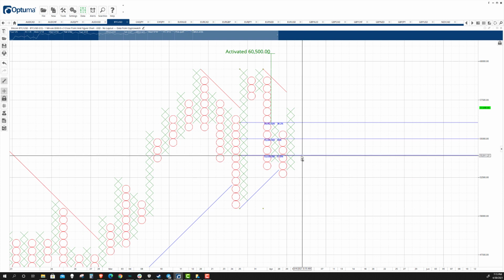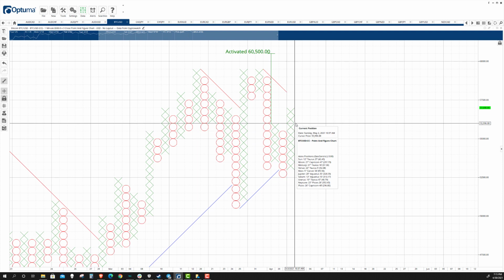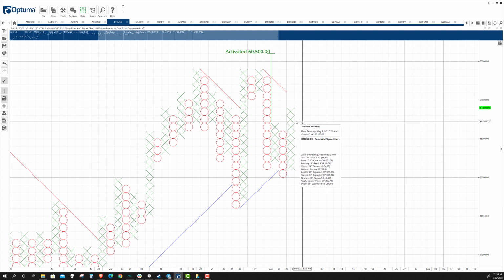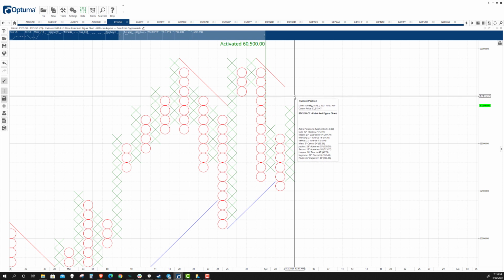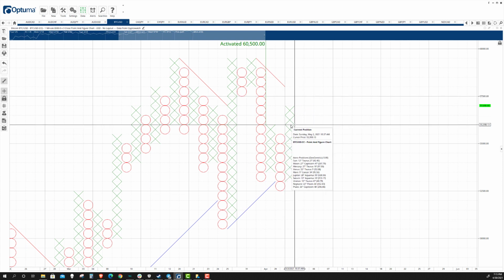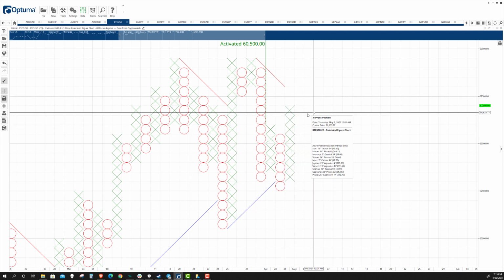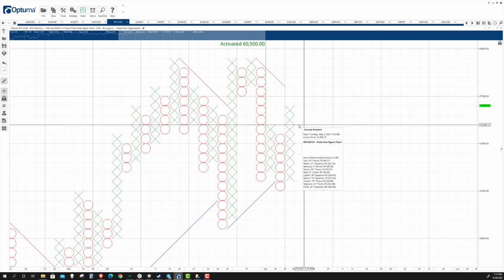A pullback to 54,000. However, this pattern itself, if we form a new column, if we form another X, we'll be in the clear. But the fact that there's only two X's here and it's failed to move up has me worried. This is kind of the inverse of a pattern we just looked at on Cardano's chart.